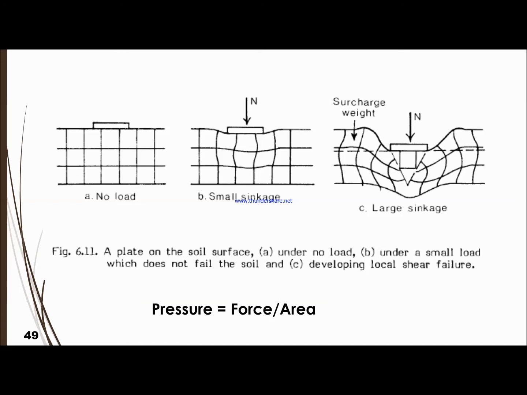If you have the same force but the contact area is less, that's what happened in figure C. You have sinkage. What happened on B? There will be relatively stable. Then C, while at no load A, of course you don't anticipate the shear failure of the material. In this case, the material is the soil.